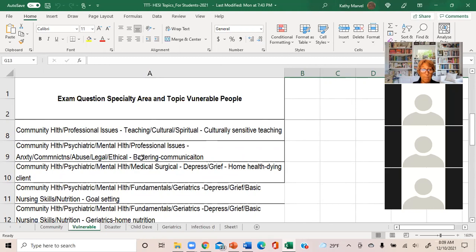Okay. Battering communication. What do we think that's about? I think that's about being able to identify signs and symptoms of potential abuse. What do you guys think? Question about that. When you suspect it and say it's an adult, if they deny it, but you're pretty sure of it, what can you do?